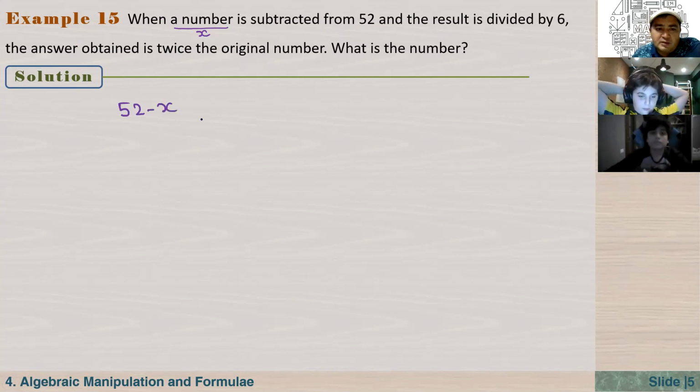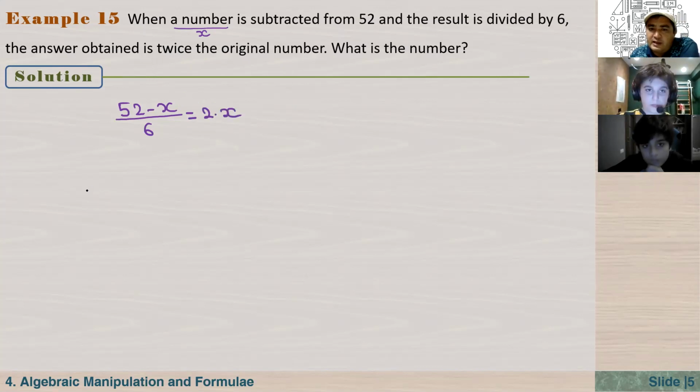And the result is divided by 6, so that's our result, and we are dividing the result by 6. So when we divide the result by 6, the answer is twice the original number. Our original number is x, right?